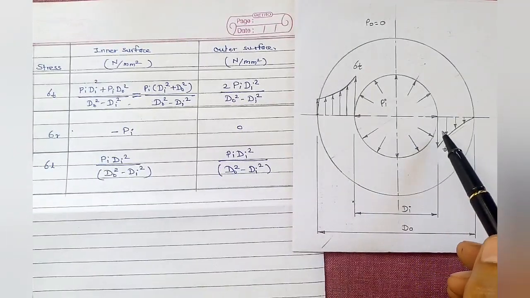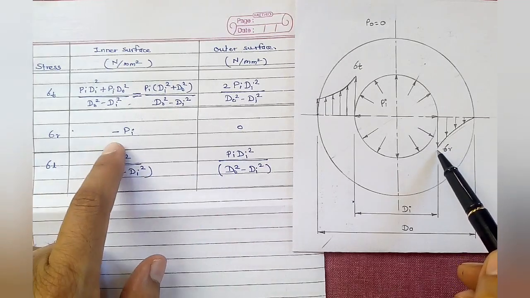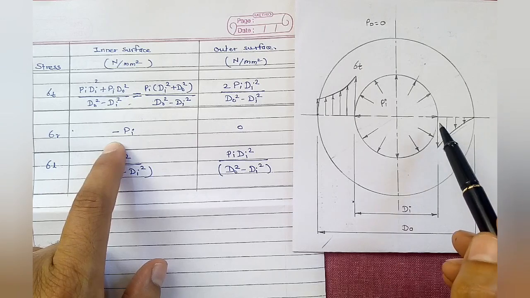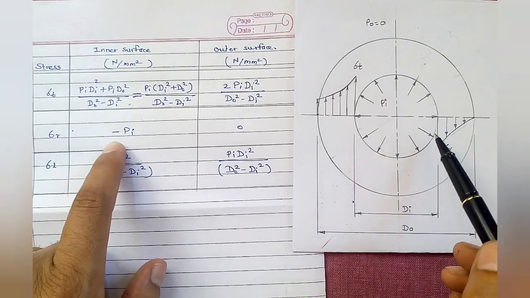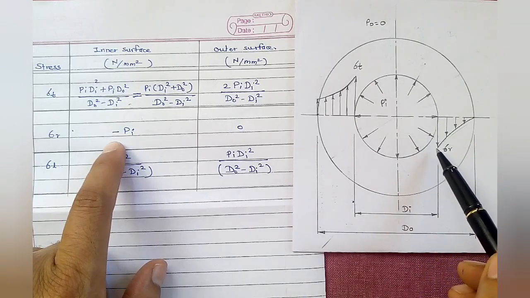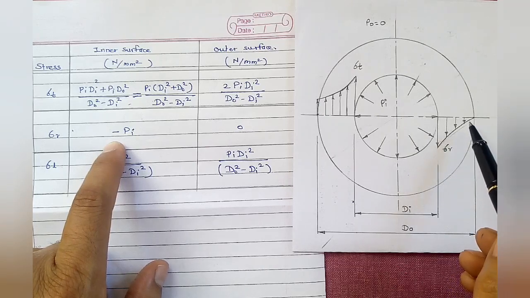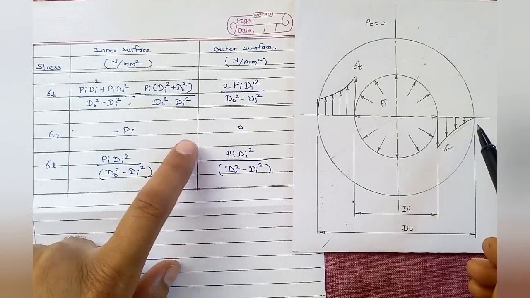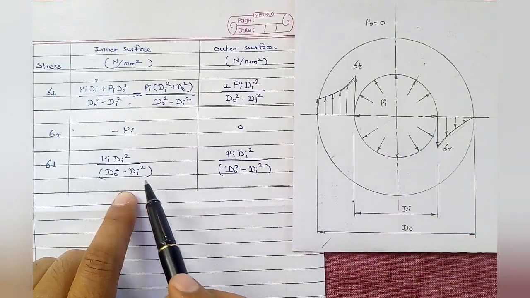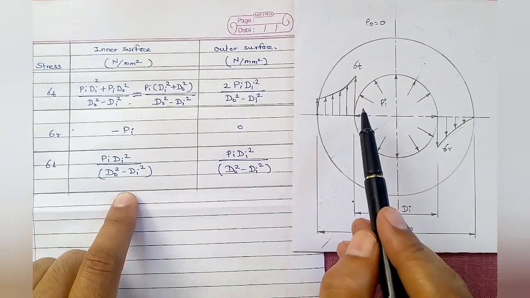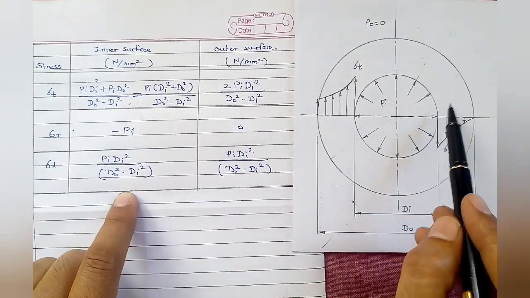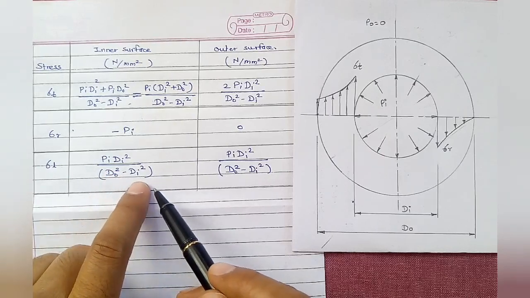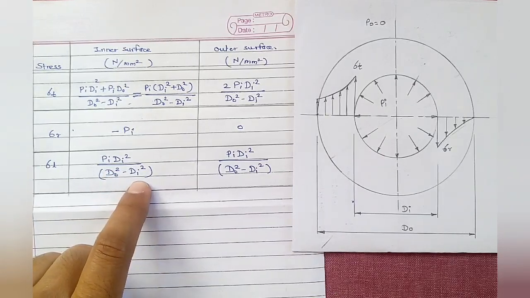Similarly, the value of sigma r at the inner surface is minus Pi, so it has negative magnitude, which is why I have shown it below the center line. The value of sigma r gradually reduces along the thickness of the cylinder and becomes 0 at the outer surface, while the longitudinal stress throughout the thickness, from inner to outer surface, will be the same, Pi di square upon dO square minus di square.